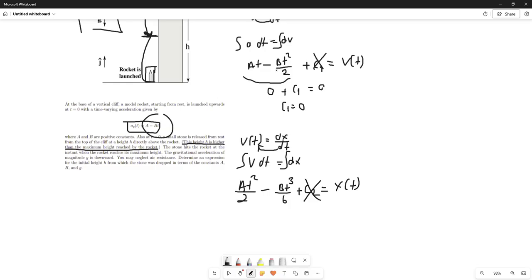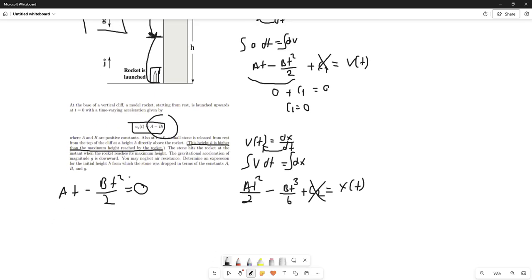So we have the v function: a t minus b t squared divided by 2 should be equal to 0. We should find the roots of the equation.